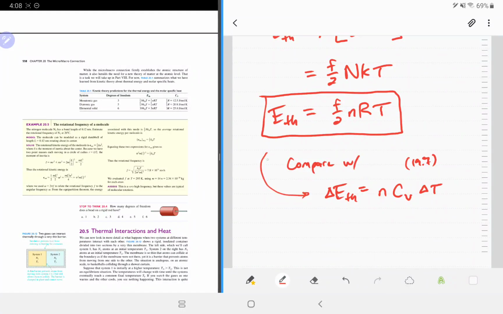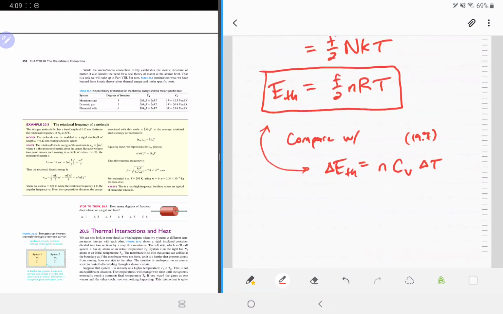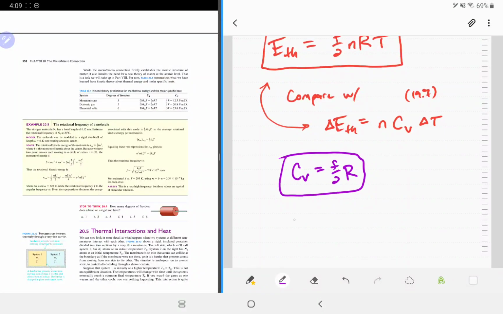So if we look at these two equations right here, I can derive this second equation from the first one by just taking the differential of both sides, or just take a delta of both sides. And so we can see in comparing these two that CV is equal to F over 2 R. And therefore CP, which is CV plus R, looks like that's F plus 2 over 2 times R.